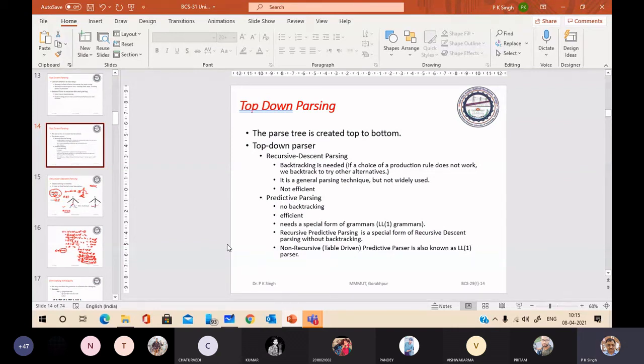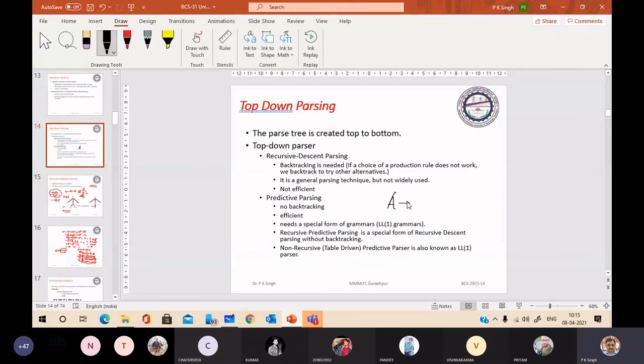Recursive descent parser means, suppose there is a production in the grammar A to B, C, and D. B and D are non-terminals, C is the terminal symbol.